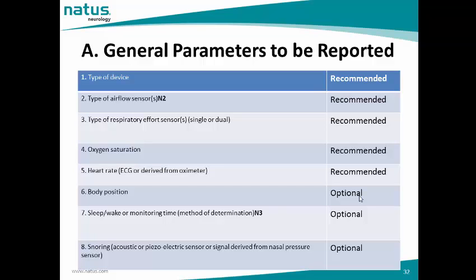Oxygen saturation, heart rate, body position, sleep, wake, or monitoring time as a method of determination.